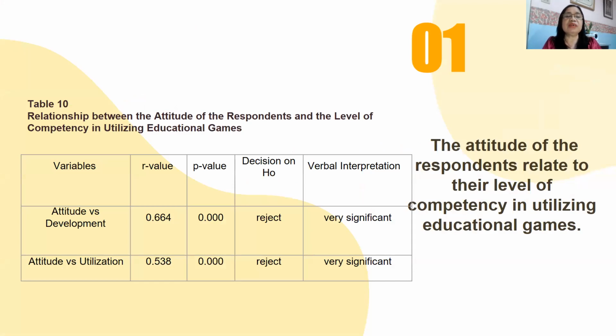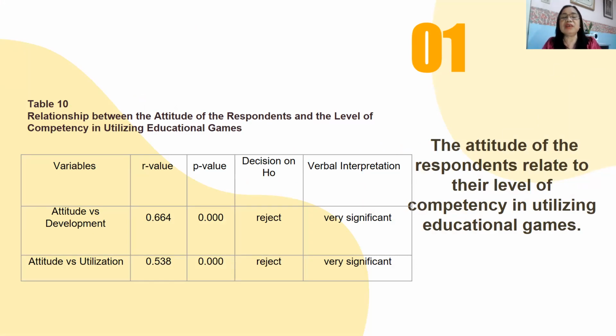So on the first table, we dealt with the relationship between the attitude of the respondents and the level of competency in utilizing educational games. So there are two variables, attitude versus development, and then attitude versus utilization.